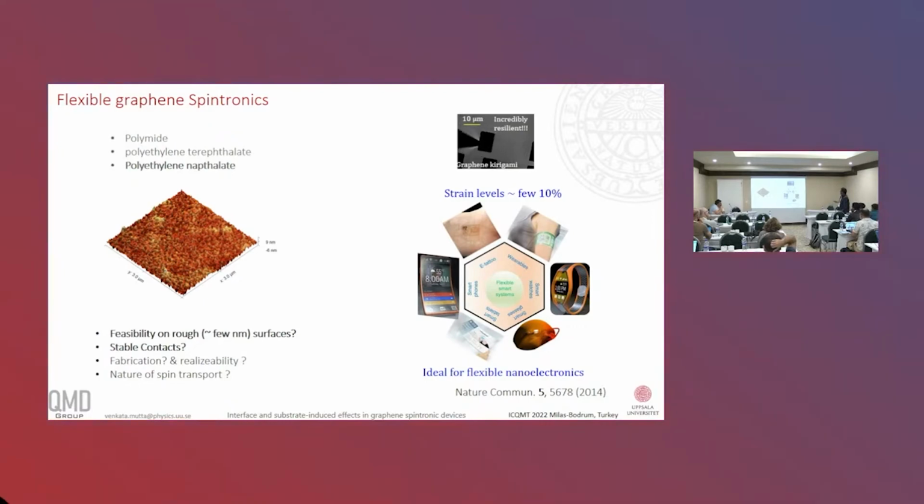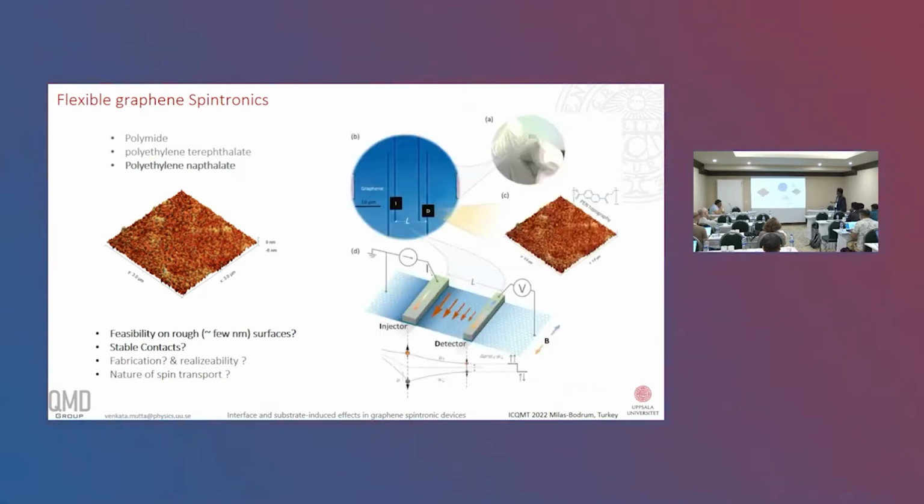In order to integrate spintronic applications of 2D materials into this, it's important that we investigate these, which is what we tried to do. So we made some devices on flexible substrates with electrodes, to see if spin transport is at all possible in graphene on this curved substrate.